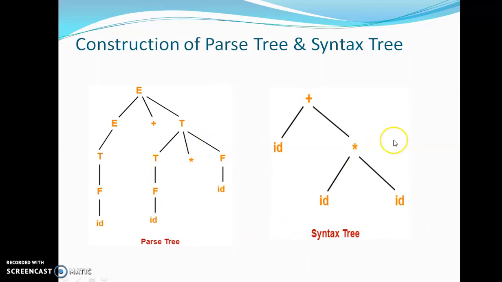Then while constructing the syntax tree, basically the syntax tree is an abstract form of the parse tree. It means at leaf nodes operands should be there and at interior nodes operators should be there. Your string is id plus id star id, only 5 symbols. So this is about the construction of the syntax tree.